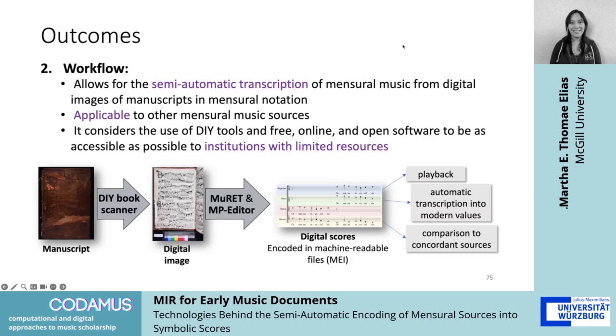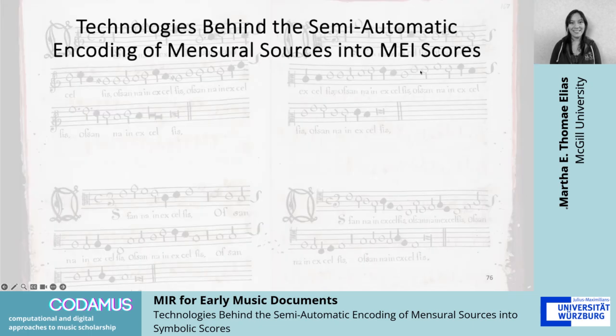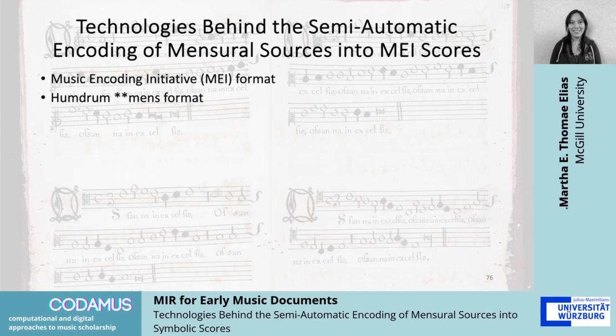What I wanted to do with this presentation was to give you an overview of the tools that exist for mensural annotation and how to put them together for a particular goal. There are tools that I haven't mentioned. The ones I mentioned here were two file formats: the Music Encoding Initiative and the Humdrum Mens format.